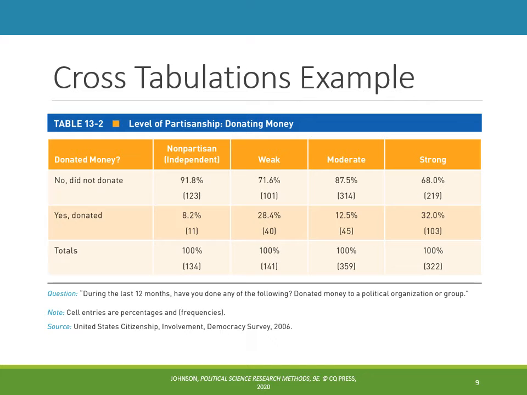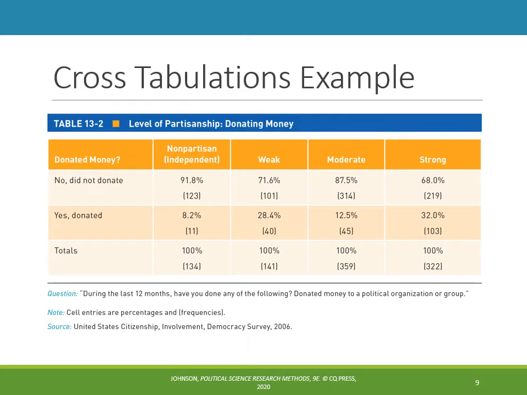But when we look down at the weak side of things, of the people who did not donate, we see that those who have a weak identification also reported not donating. So progressively, as we go down the first line that says not donate, the number of people who did not donate decreases under the no column as the party ID gets stronger.